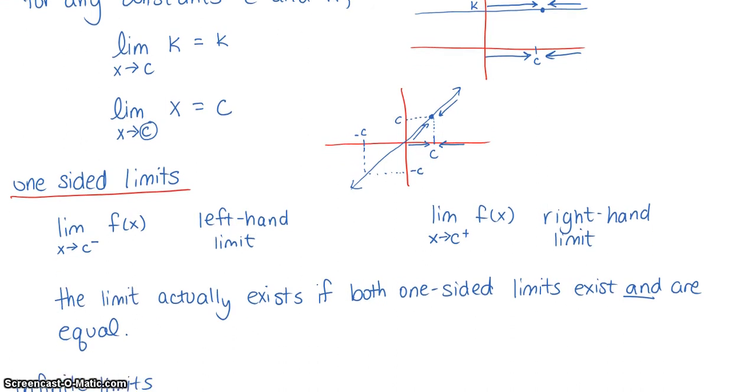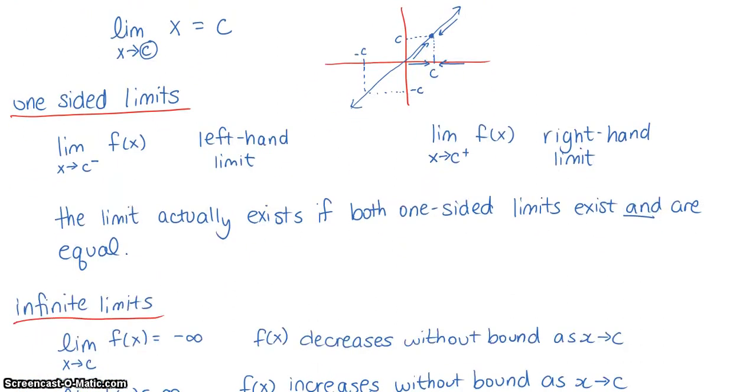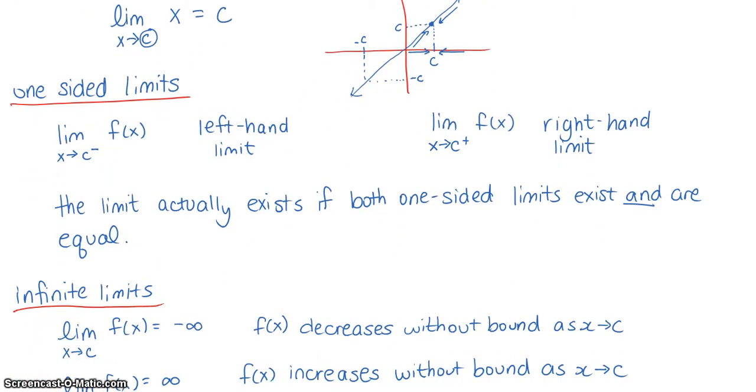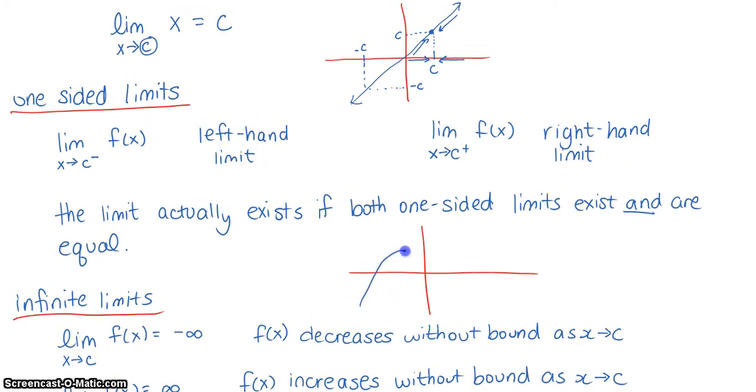A couple other definitions we need to know about are one-sided limits and infinite limits. One-sided limits basically say that, let's say we were looking at a graph and we were wondering if the actual limit exists. Well, we can look at the left-hand limit and the right-hand limit. Where this will come in handy is when we have one that actually doesn't have a limit at that particular point.